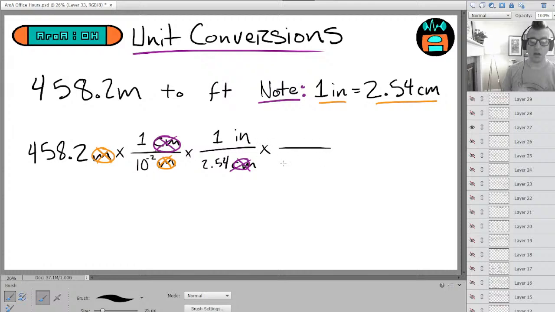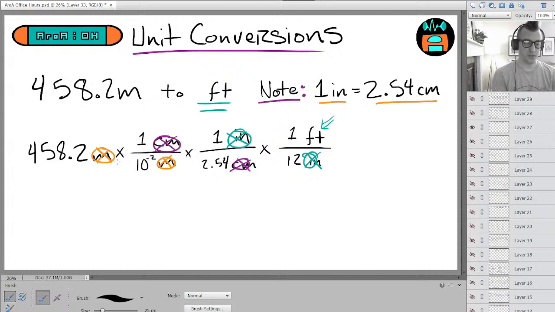Finally, our last unit conversion will take us from inches to feet. And 1 foot is 12 inches. Inches cancel. And now feet is the only unit left standing, which is good because that is what we were trying to convert to. Now we're ready to crunch some numbers.